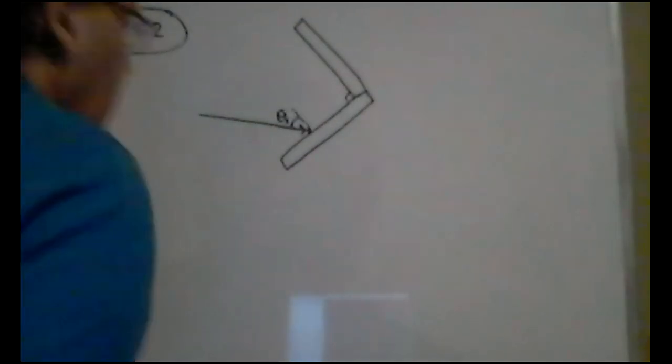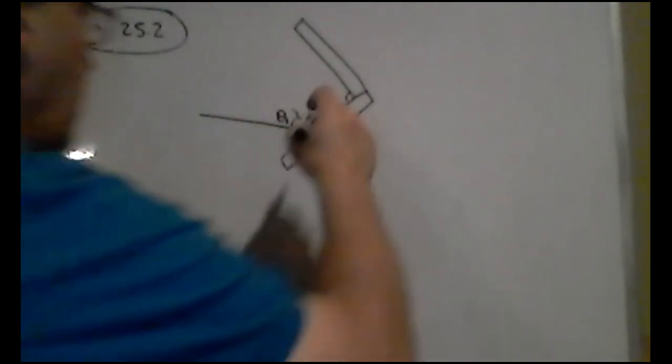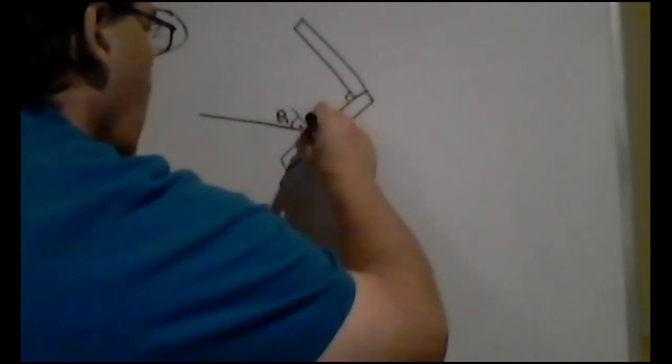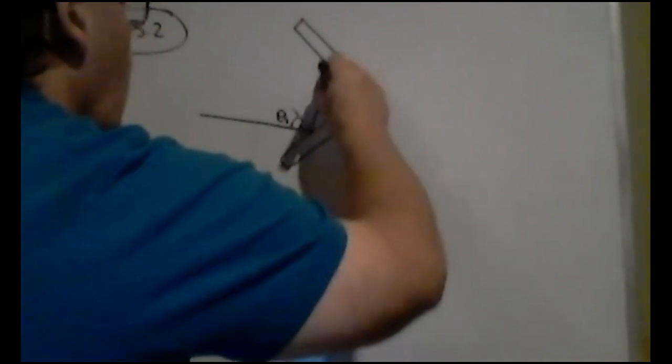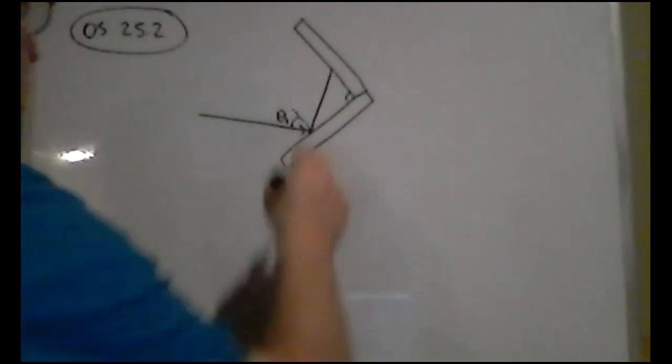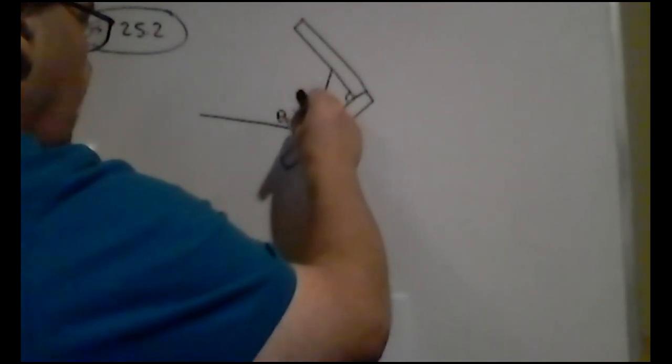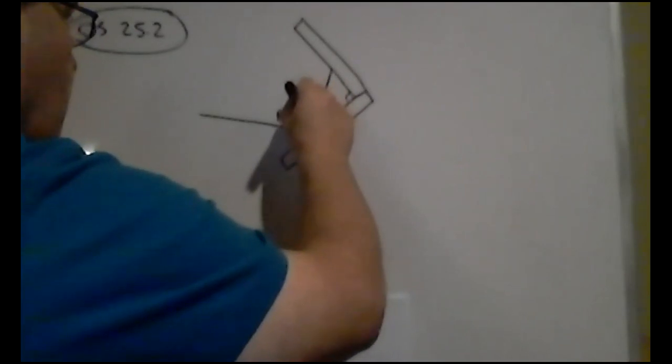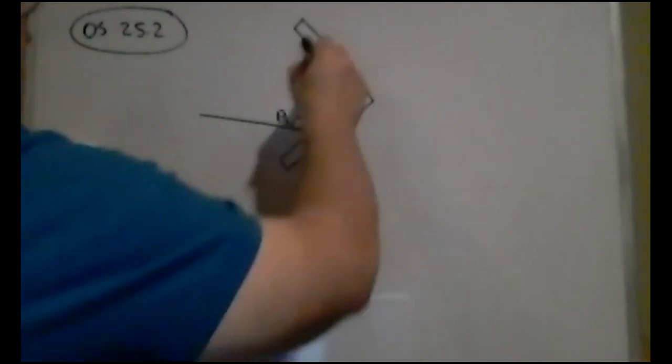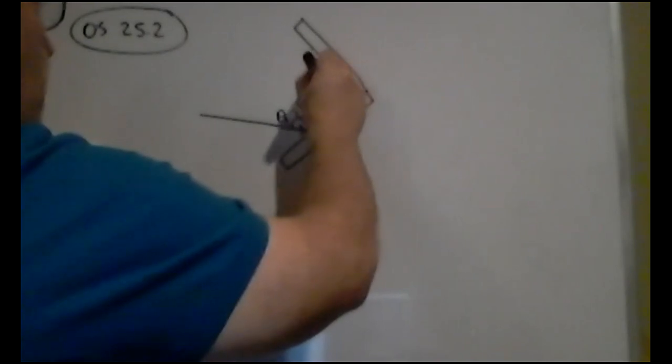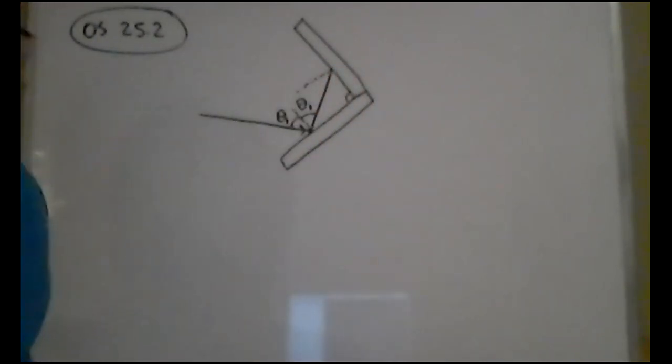That means that the ray will reflect at theta 1 over to here. This is also theta 1. And it's going to reflect, and here is yet another normal. Again, these angles are with respect to the normal.